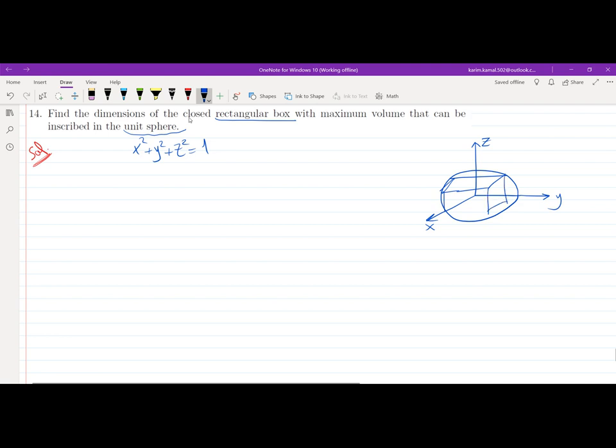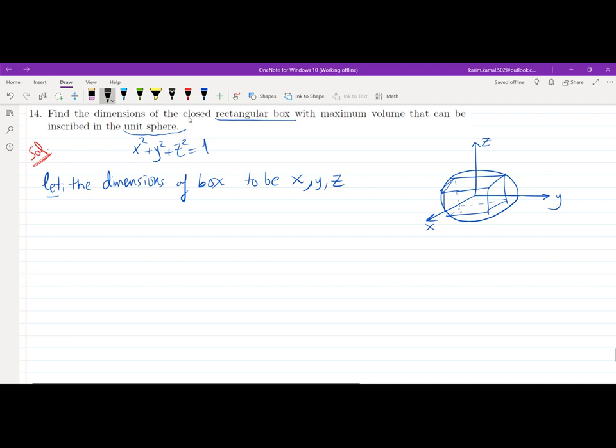So we can first of all assume the dimensions of the box. Let the dimensions of the box be x, y, and z, which are here. This x and this y, and the height to be z.